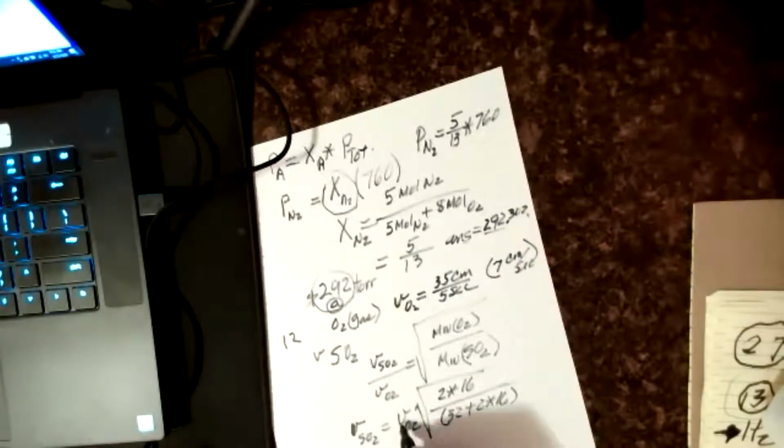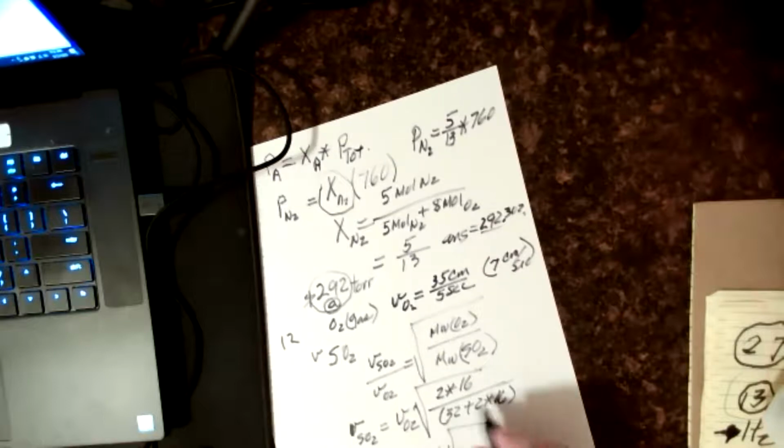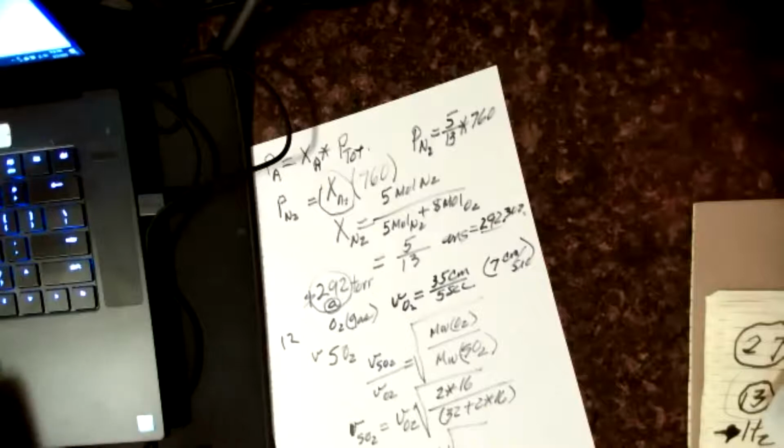And so I know that number, that's 7 centimeters per second times the square root of that quantity. So let's just go ahead and do the square root right now. I'm going to take 2 times 16 and divide it by 32 plus 2 times 16.